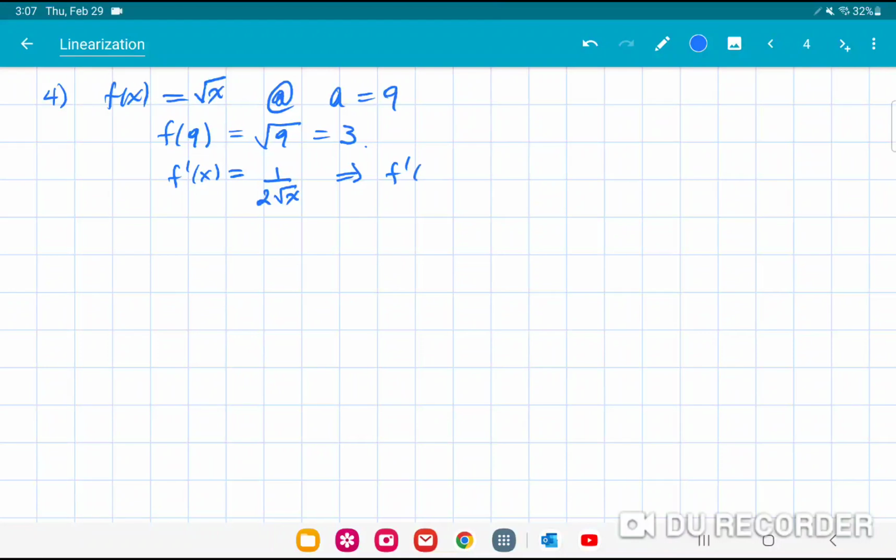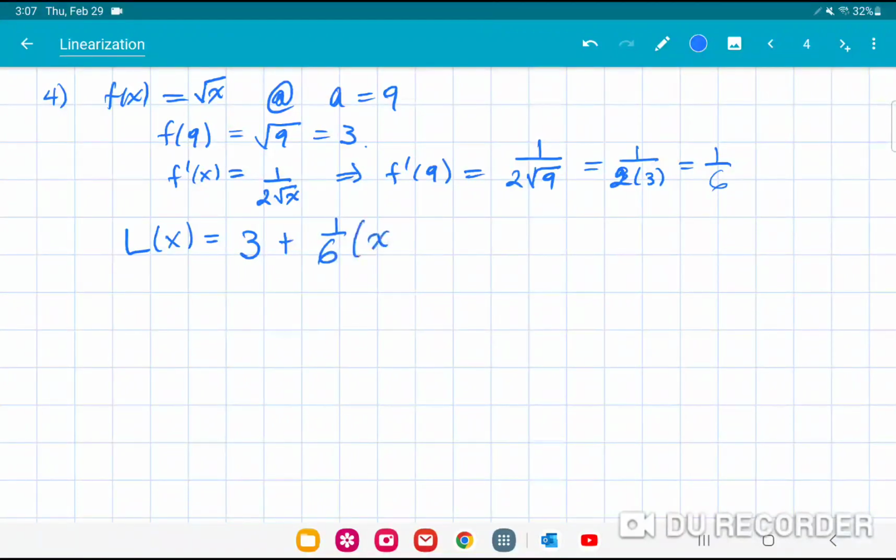So the derivative at 9 is 1 over 2 times the square root of 9. Square root of 9 is 3. So 2 times 3, we get 1 over 6. So the linearization is f of a plus f prime of a times x minus a. That's the linearization. And we are done with the linearization.